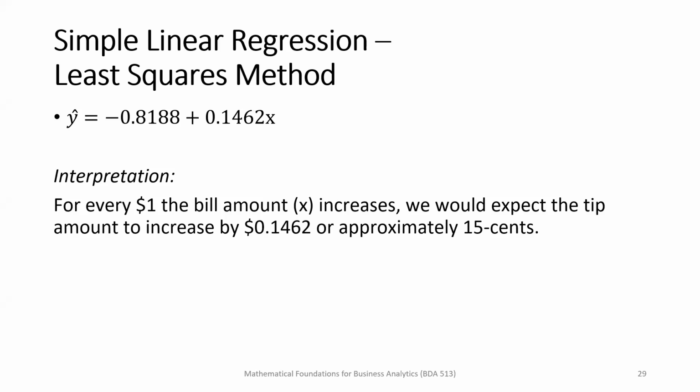If X is 1 and you multiply 1 by 0.1462, what will you get? 0.1462. So whenever there's an increase of $1, Y will also increase by 15 cents. There will be another increase of 15 cents for Y. You get it now?